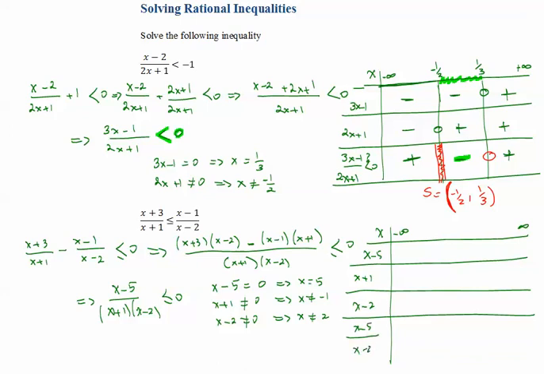So then these critical points, we find them on the number line. The smallest one should be -1, then there is 2, and there is 5. And it's important to have them in the right order, from smallest to largest.